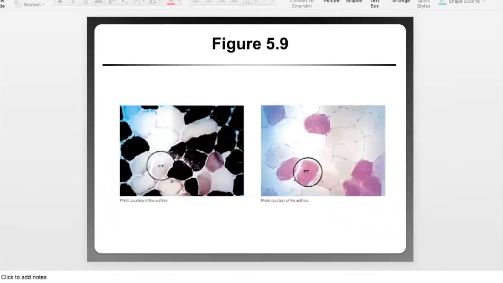So this slide shows the difference between a fast twitch muscle fiber, which are white, and slow twitch muscle fiber types, which are darker colored. So this muscle has a bunch of different kinds. These are probably type 2X muscle fiber types. And then this person does a bout of activity. And you'll notice that this is a fast twitch muscle fiber. This is a fast twitch, same thing as here.